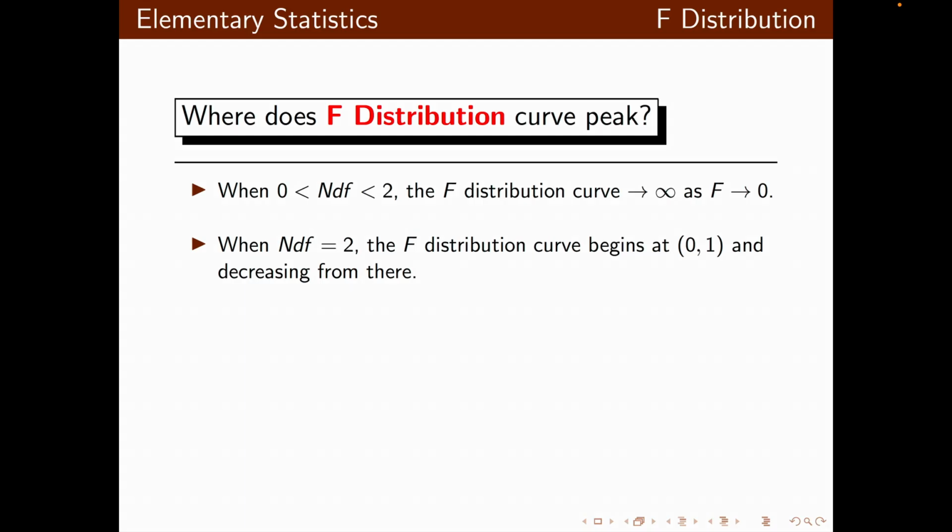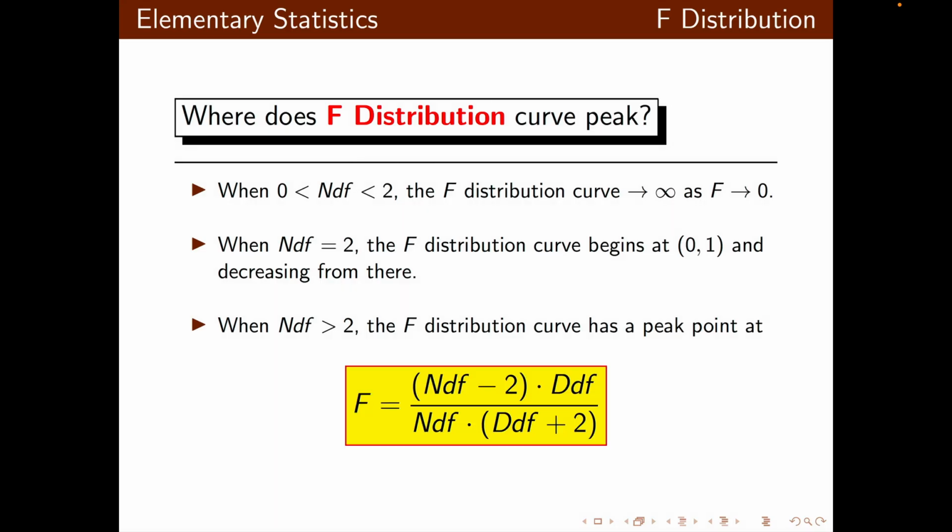When the NDF is equal to 2, the F distribution curve begins at the point (0, 1), and it will be decreasing from there, skewed to the right. When the numerator degrees of freedom is greater than 2, the F distribution curve has a peak point at this formula. You'll see in the next example how to compute that.